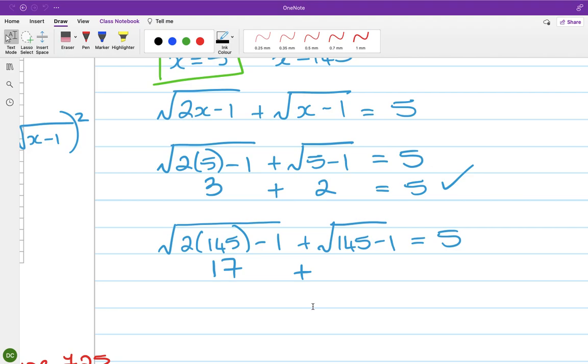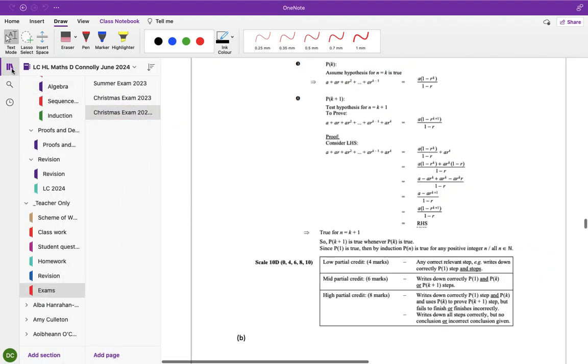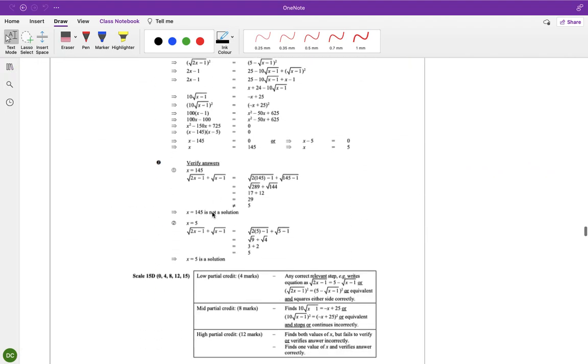And then 145 minus 1 is 144. Square root of 144 is 12. So that doesn't work. That's 29 equals 5. So that one doesn't work. So 145 is not a solution, 5 is a solution.